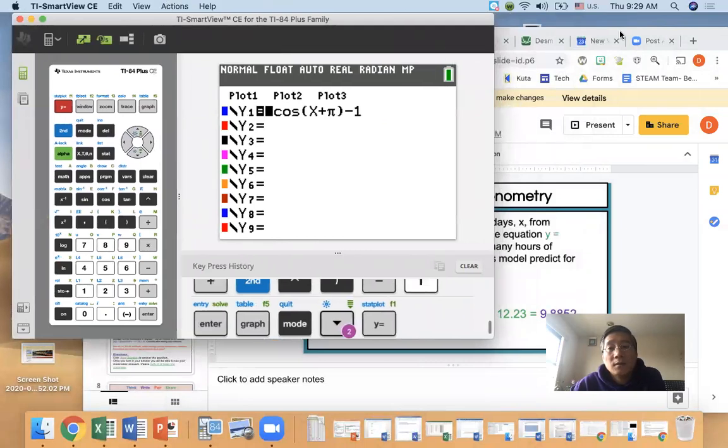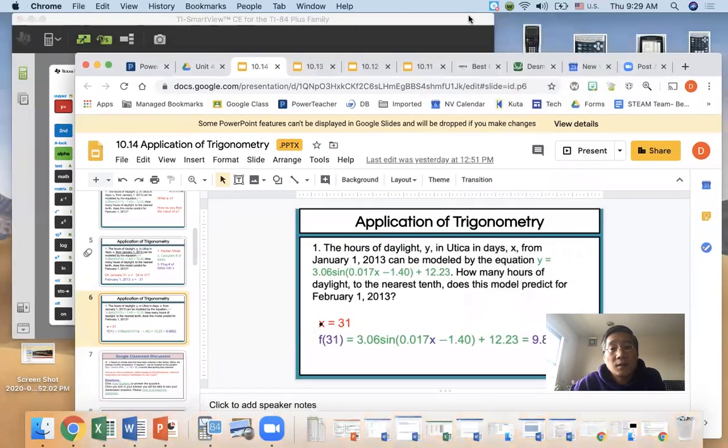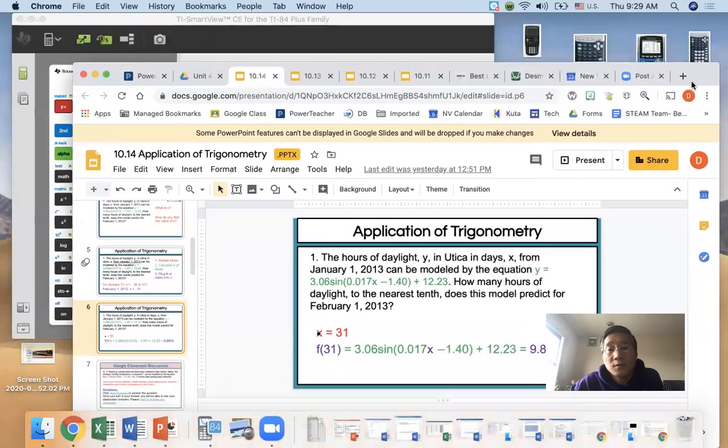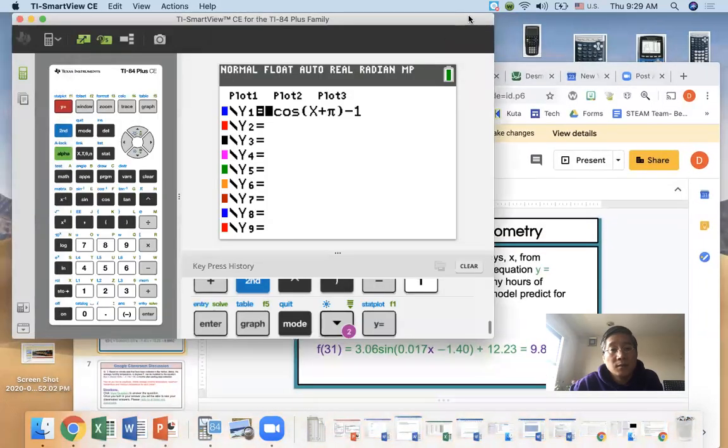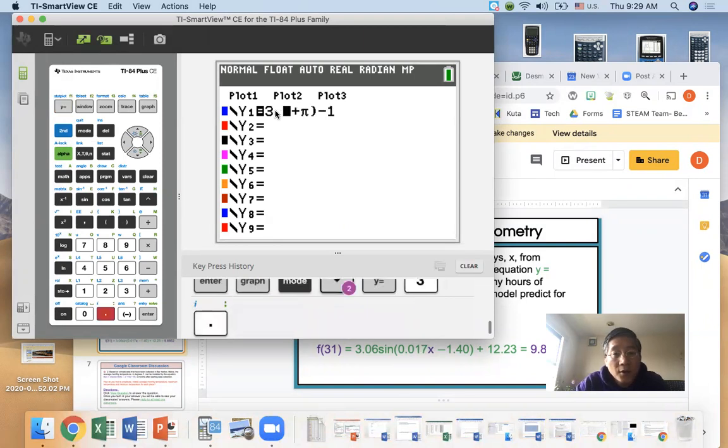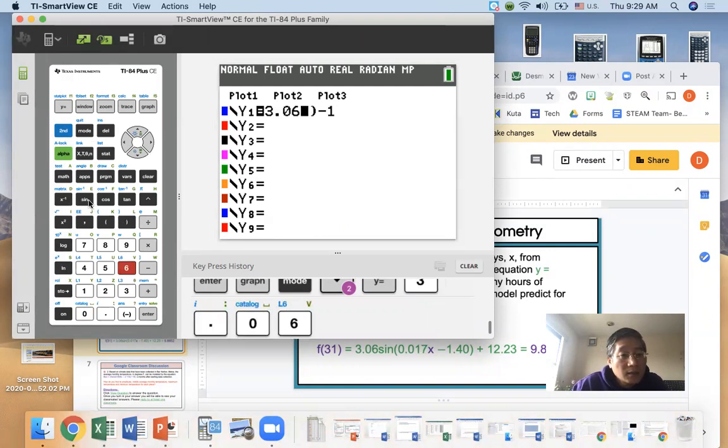But now I want to show this a little bit more down because I want to see the... so now you put this: 3.06 and sine is here, and in the parentheses 0.017 x from here, and minus this one, not this.